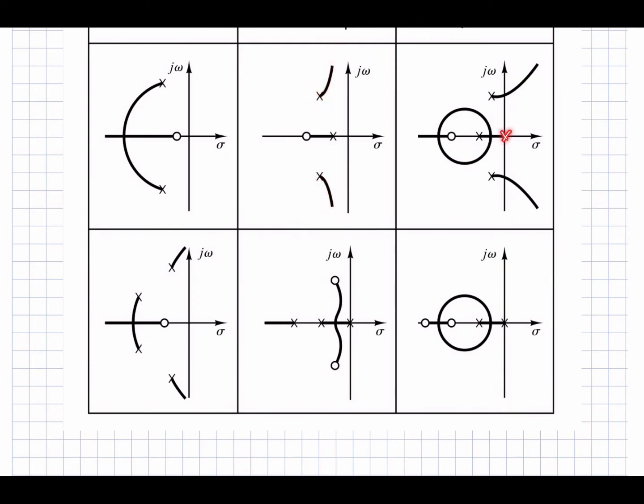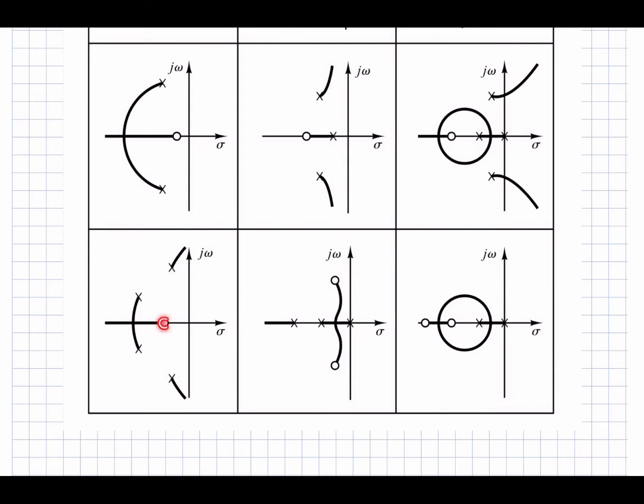And if we have the pole position and zero position like this, two complex poles and two real poles with a zero, this portion of the real axis is part of the root locus, so these poles will move towards each other and then they will break away. One pole will move towards the zero and the other pole will move towards the zero sitting at the infinity, and these poles will be repelled by these ones, so these will be moving towards the infinity.